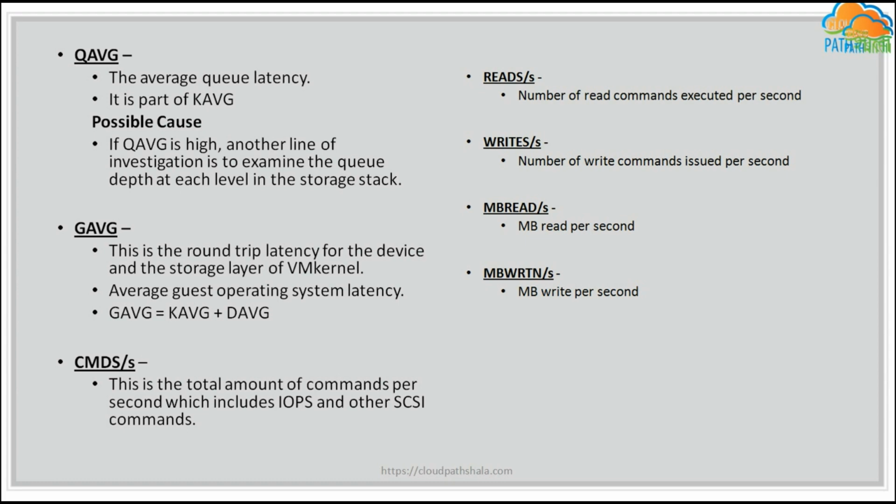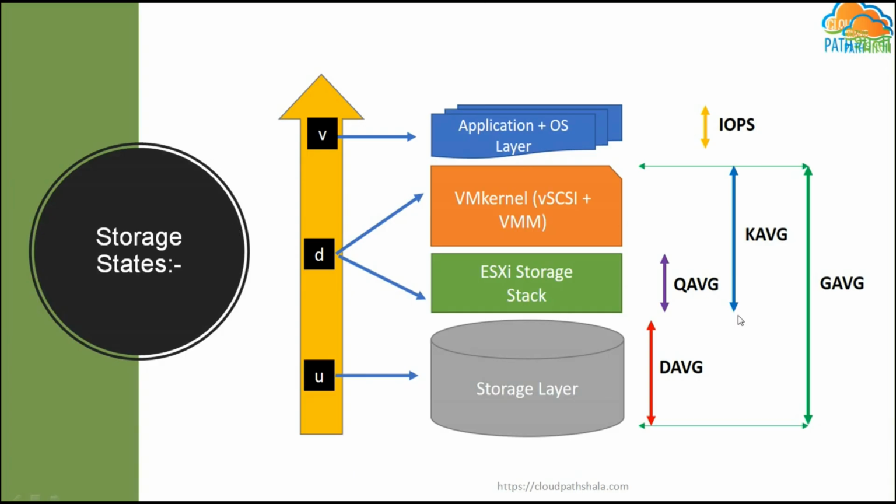So guys, I'll move on to the G average now. G average is the combination of K average and DAVG, as it shows right here. It is the average guest operating system latency, as you can see on the screen.